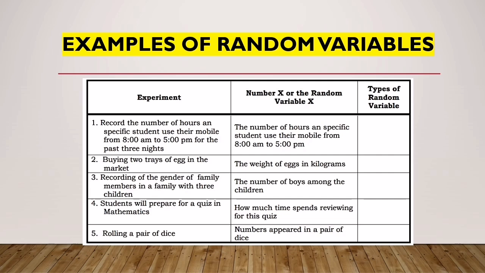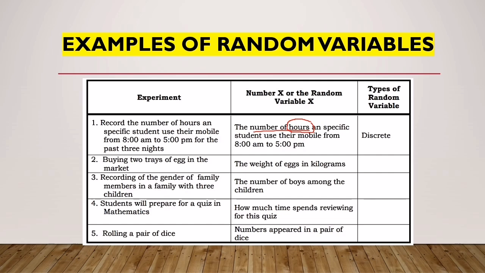Since our random variable is the number of hours, this is discrete. Why discrete? Because this is countable. It is only concerned with the number of hours. Number of hours can be expressed as whole numbers. We're not concerned with the minutes, seconds, and milliseconds, and so on and so forth.